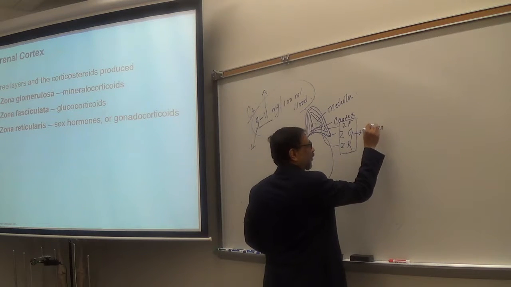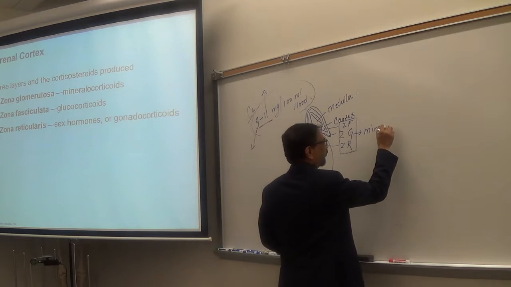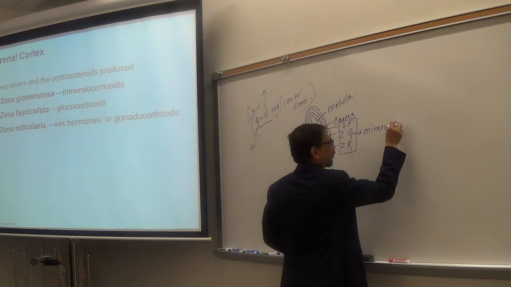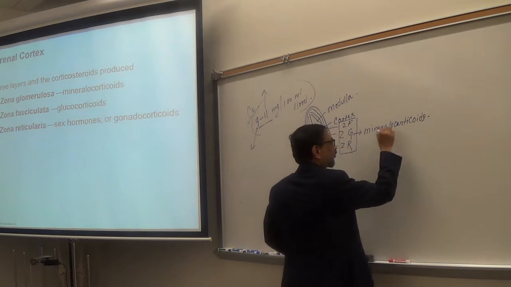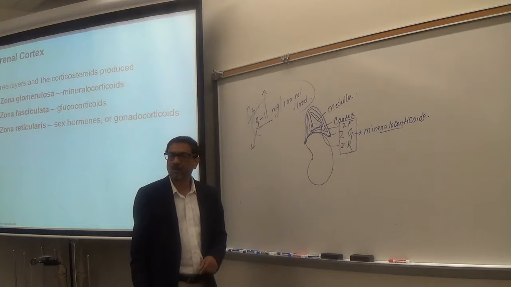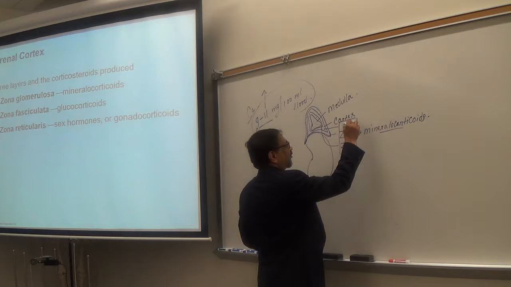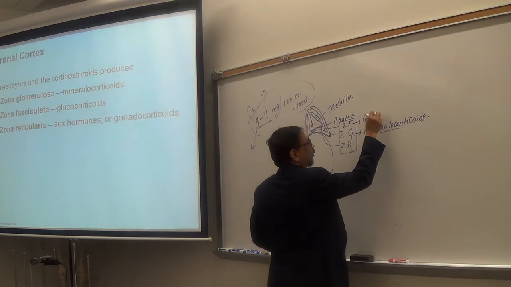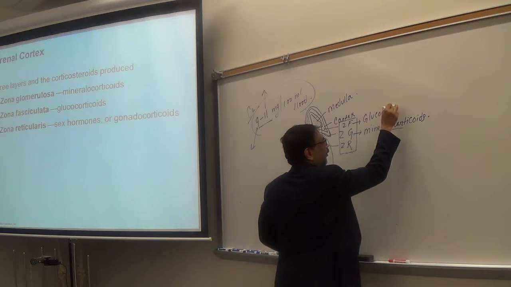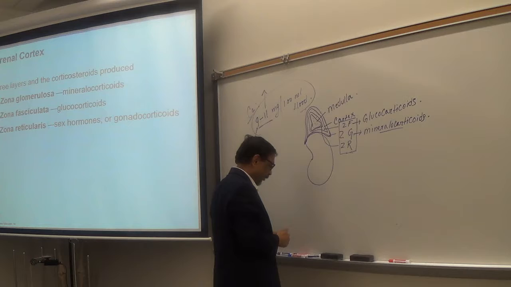The outermost, zona glomerulosa, produces mineralocorticoids. The hormones are called mineralocorticoids. Zona fasciculata produces glucocorticoids, another type of hormones.